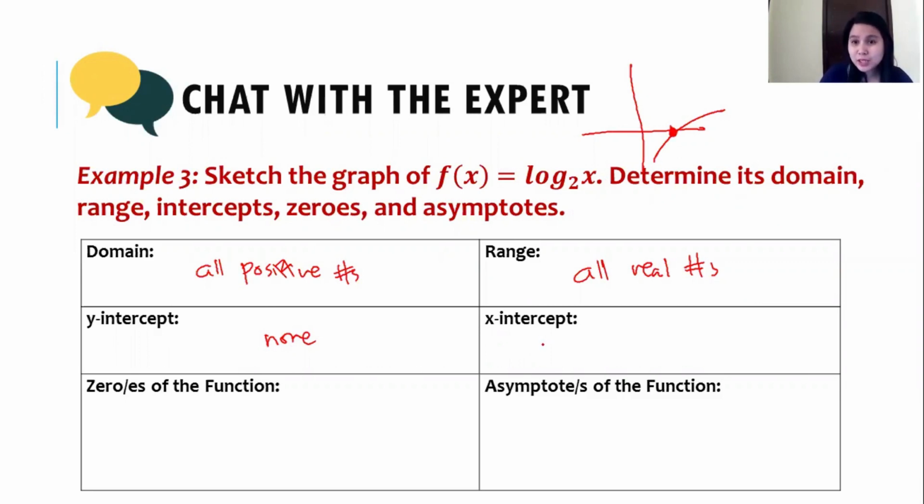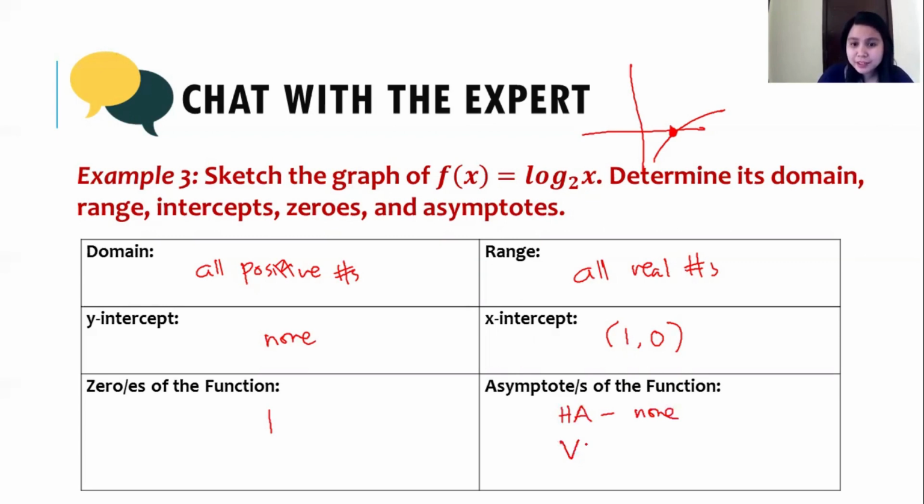But what is our x-intercept? Remember, it crosses at (1, 0). So our zero of the function is also 1. It will cross the x-axis, right? So our horizontal asymptote is none.